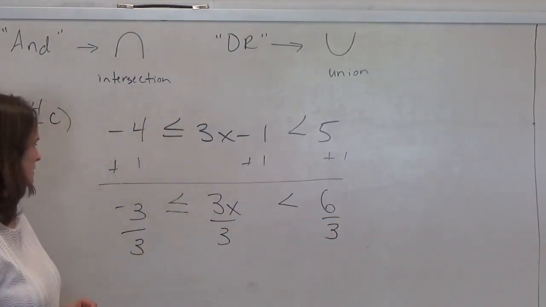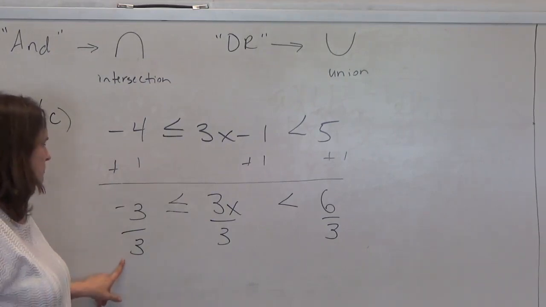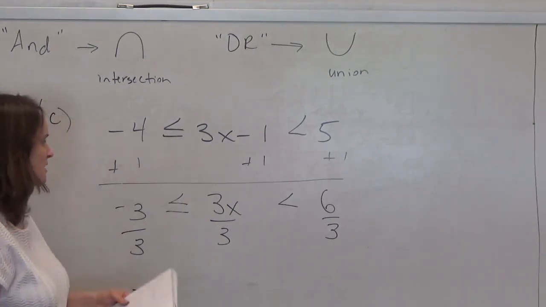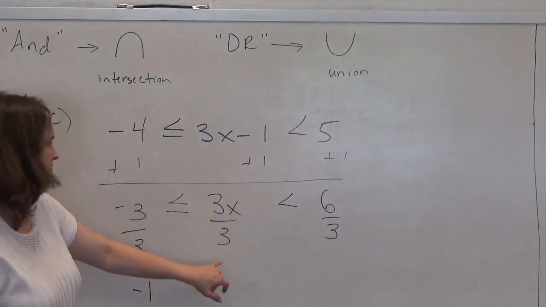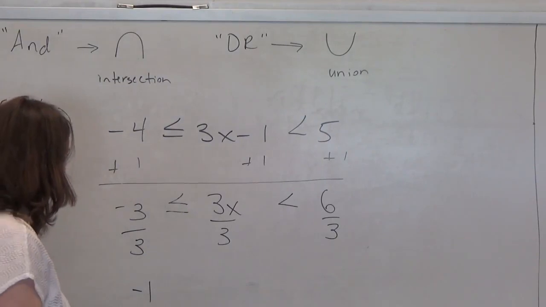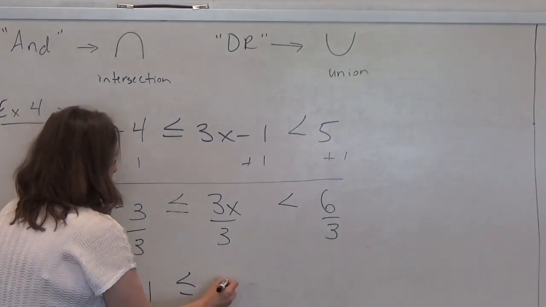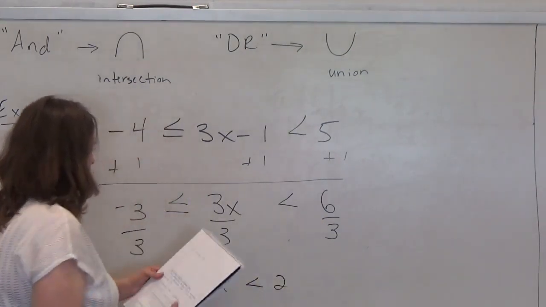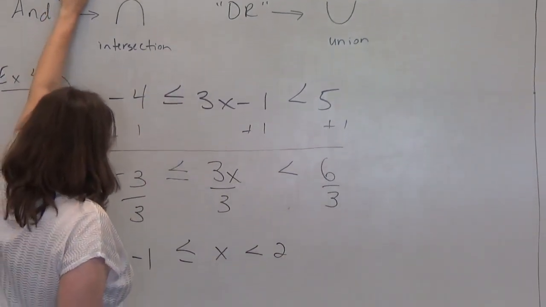Now, negative 3 over 3 gives me negative 1. I did not flip the inequality symbol because I divided by a positive 3. So you're getting negative 1 is less than or equal to x less than 6 divided by 3, which is 2. So this is the inequality.